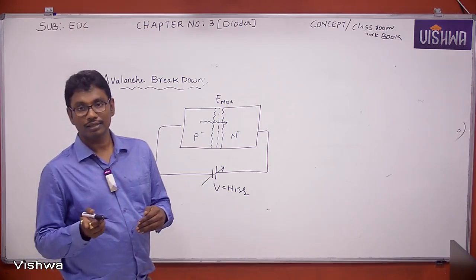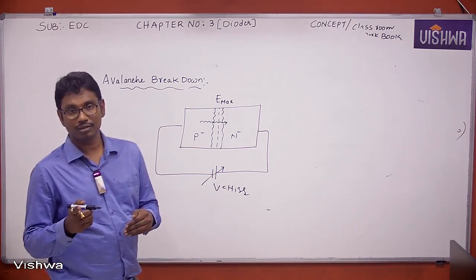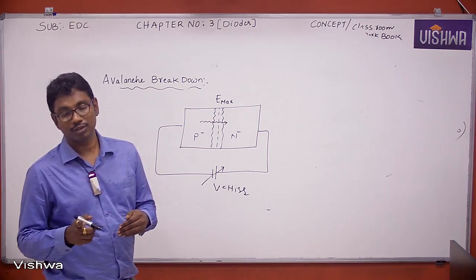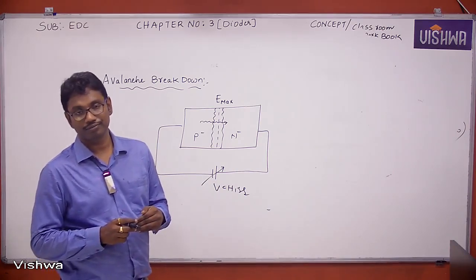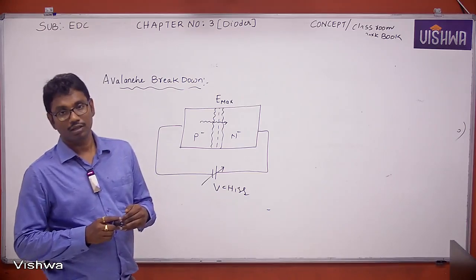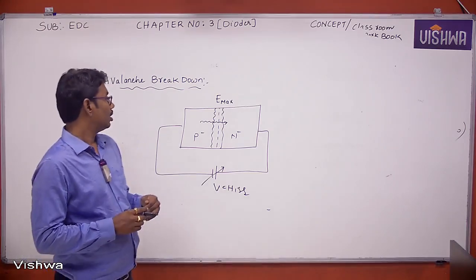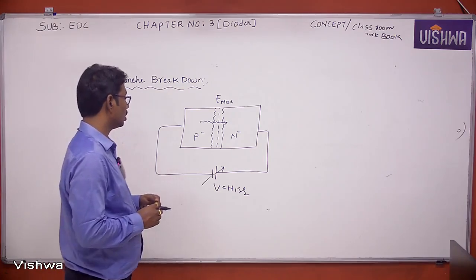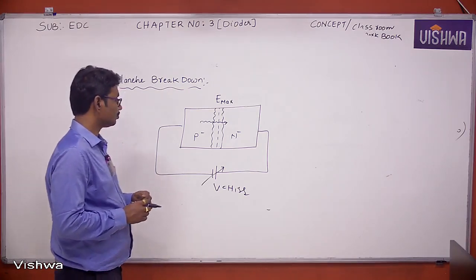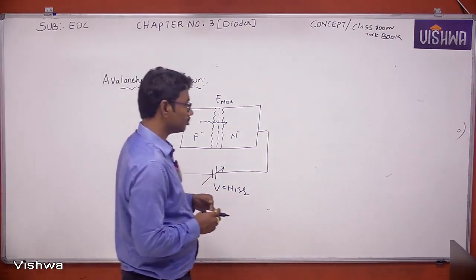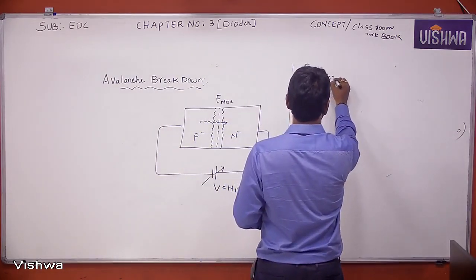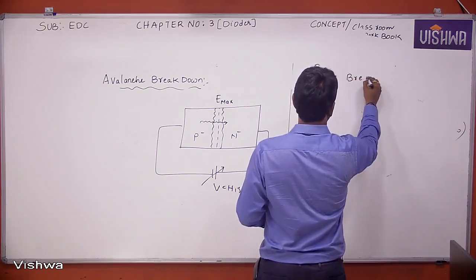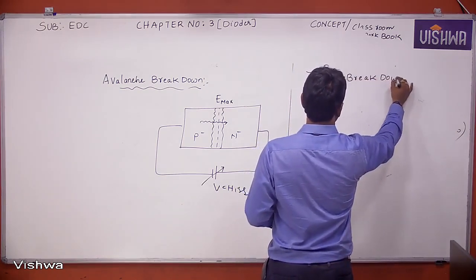Underline: current suddenly increases due to collisions of atoms, is called avalanche breakdown or avalanche mechanism. Completed? Next one, Zener breakdown. Next topic, Zener breakdown.